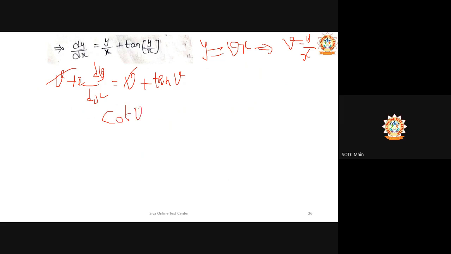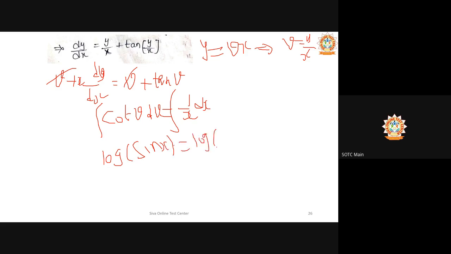So cot v dv is equal to 1 by x dx. So just apply the integration on both sides. What is the integration of cot? It is log of sin v plus c. Very good. So log of sin v is equal to log of x into c, we can write basically. So on both sides log will get cancelled. You will get sin v, that is sin of y by x, divided by x is equal to c as your answer.